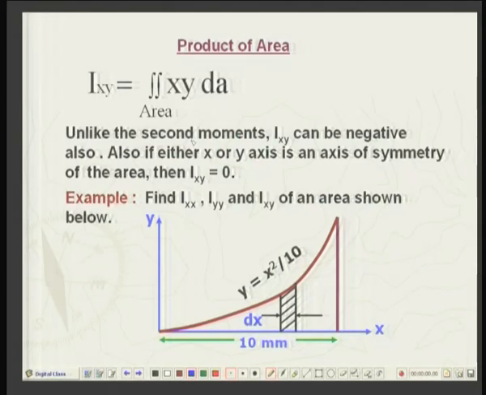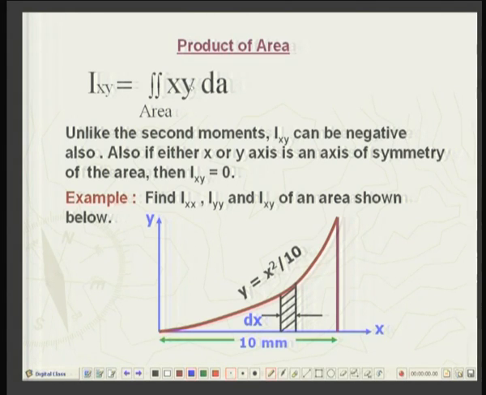And then the third thing which is of importance for the area is the product of area. Here it is a mixed quantity, x into y integrated over the area. Now, because there is no square involved, it is just a product which can be positive or negative in value.